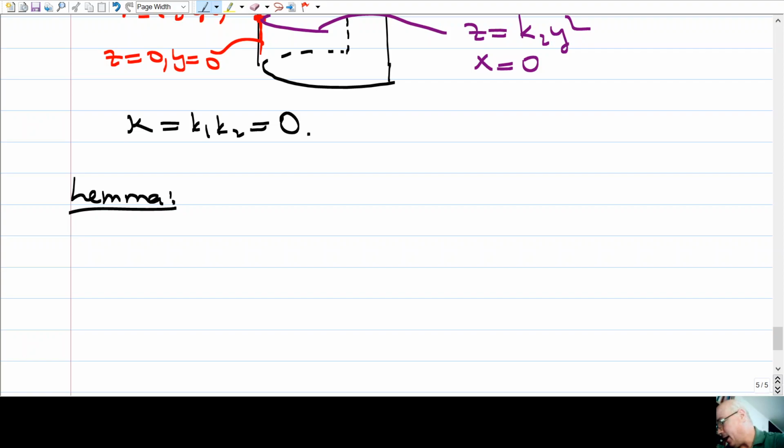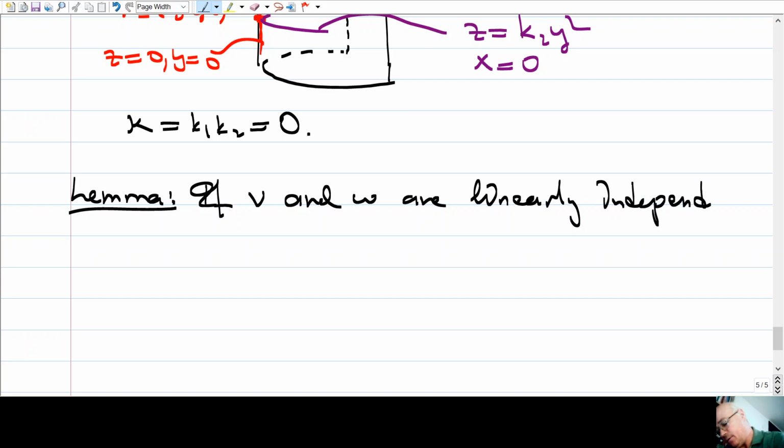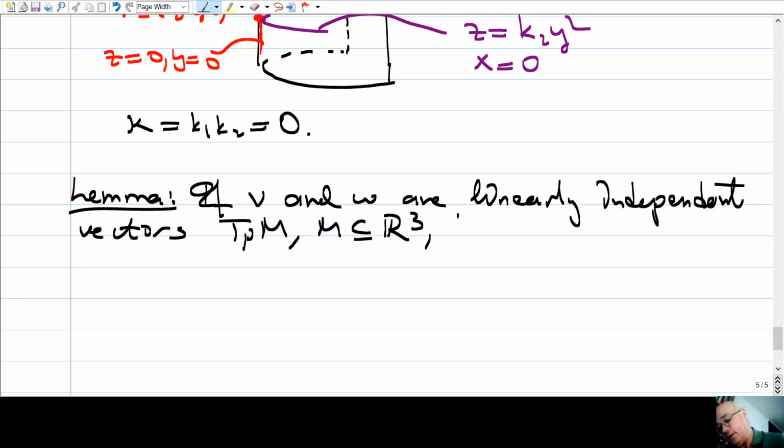Now we have a technical lemma. Let me state and prove this. If V and W are linearly independent tangent vectors to M at P, so they are vectors in this vector space where M is a surface in R3, then we have the following identity.